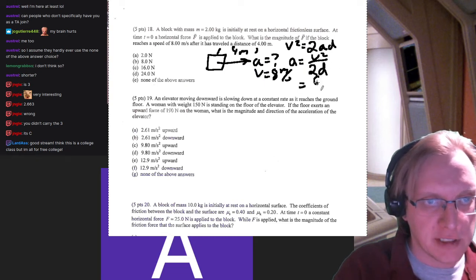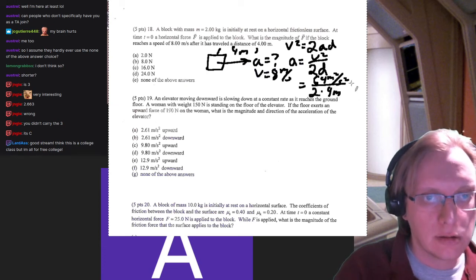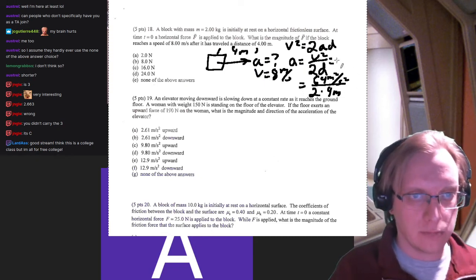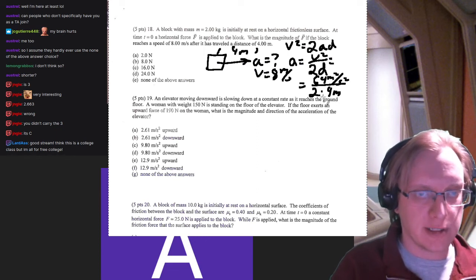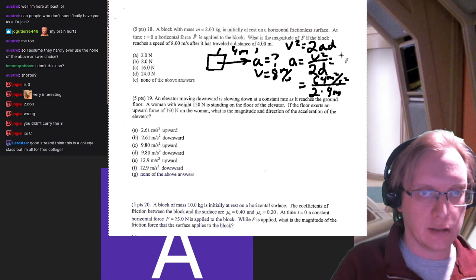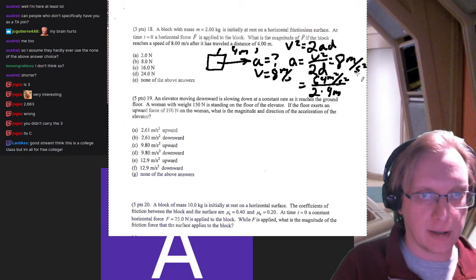So we have 64 meters squared per second squared divided by 2 times 4 meters. So 2 times 4 is 8, 64 divided by 8 is, look at that, a nice round number, 8 meters per second squared.